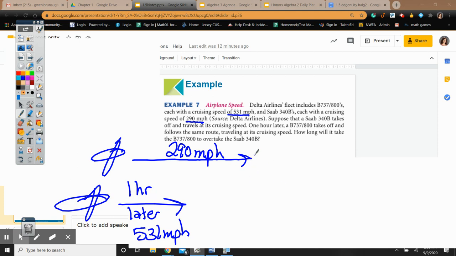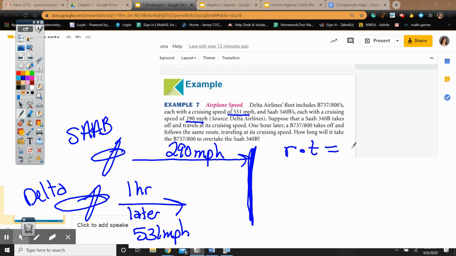When they get to be equal, how long is it going to take this guy to overtake this guy? So this is my Saab, and this is my Delta. So what we need to know is that rate times time equals distance. This guy also has rate times time equal distance.